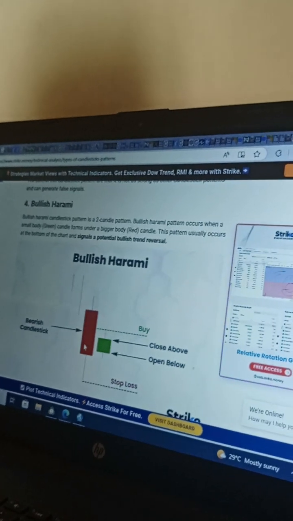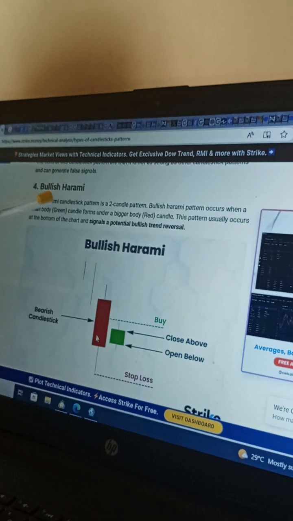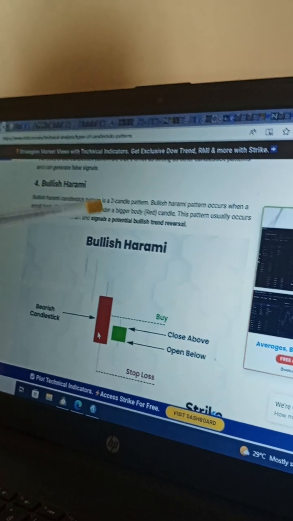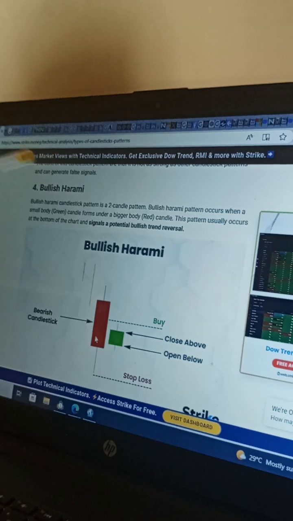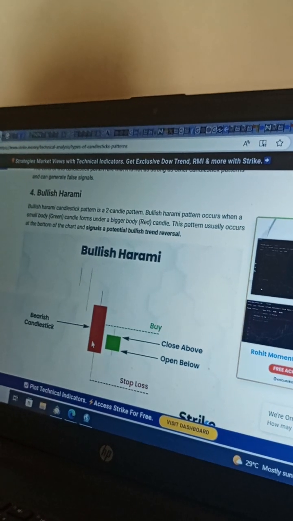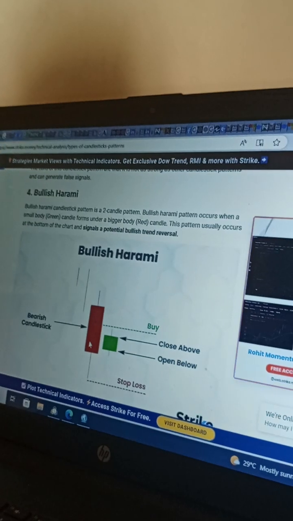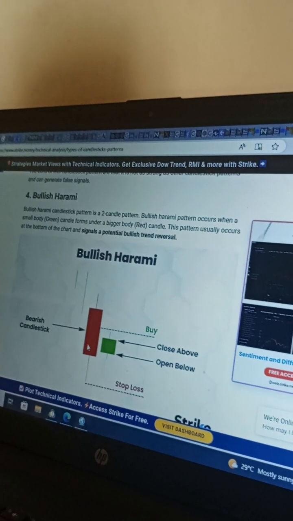Now this is the bullish harami. The bullish harami candlestick pattern is a two candle pattern. In candlestick patterns we have one candle patterns, two candle patterns, and three candle patterns. The ones we have been dealing with before are usually one candle patterns. Now this is a two candle pattern, two candles that form a particular pattern.